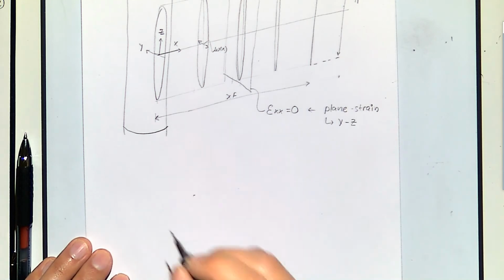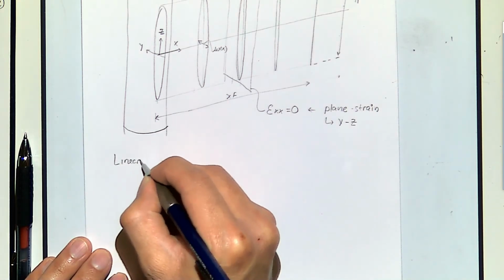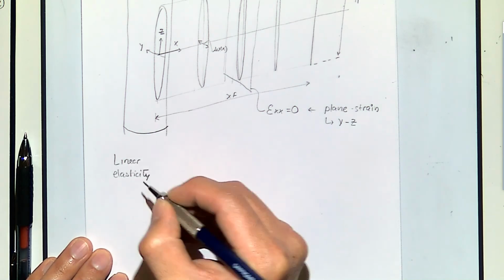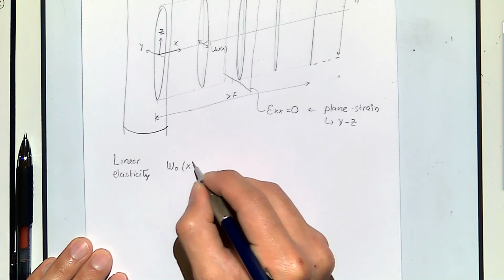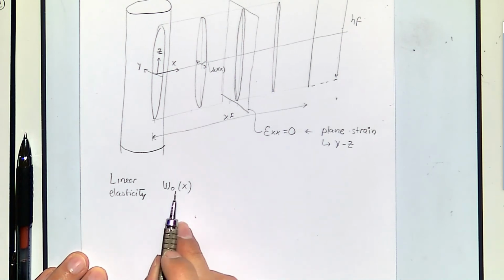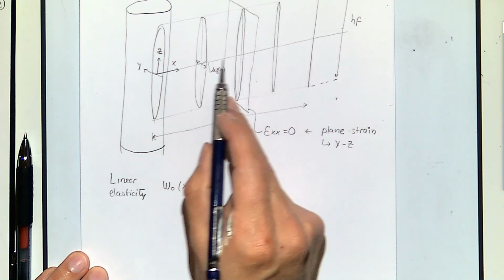Okay, first step. We use linear elasticity, and we calculate what is the width of the fracture at the center of the fracture.